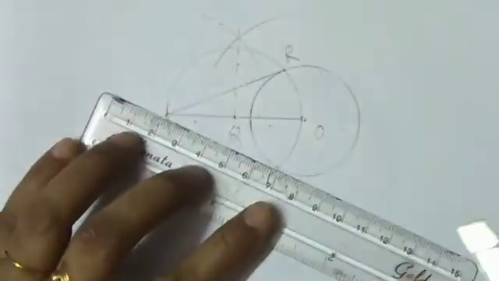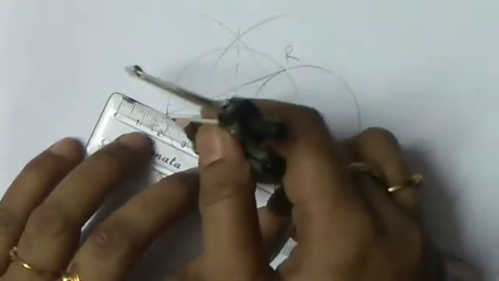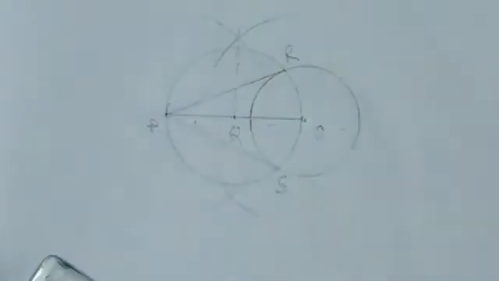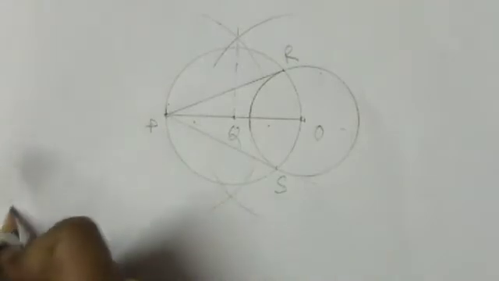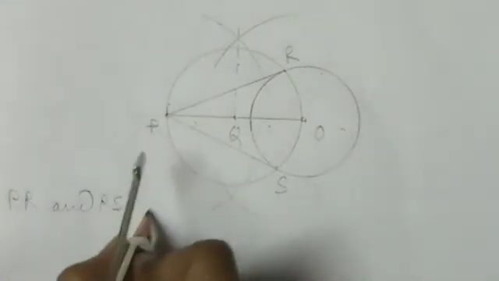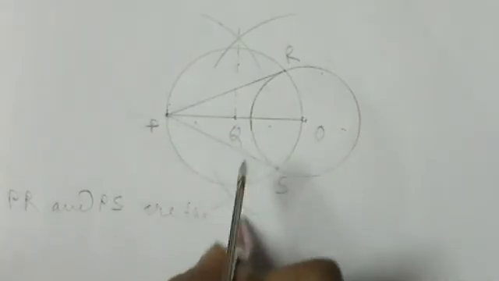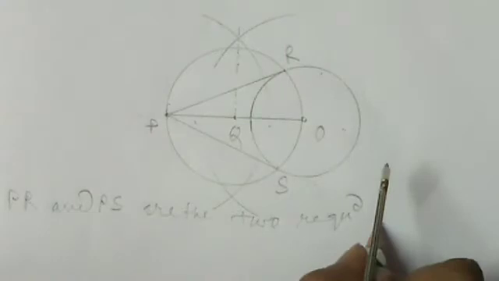Here is one tangent and here is the other tangent. So PR and PS are the two required tangents.